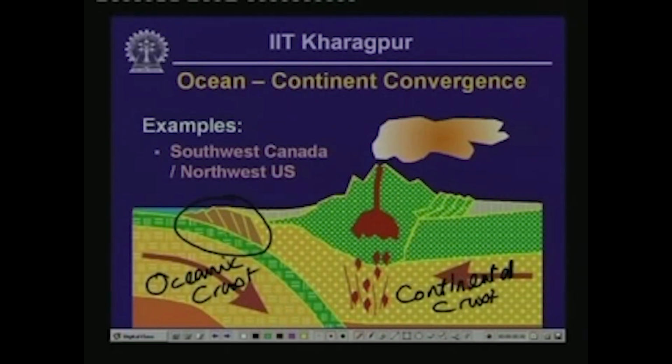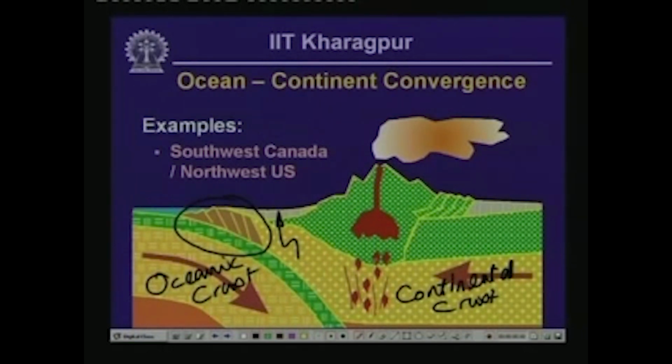Because of the rubbing action near the top, a zone of broken rock mass is going to develop, and then behind the zone of accretion, what you are going to get is a valley which typically gets filled with sediment.